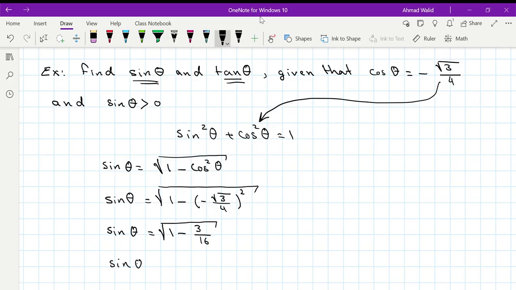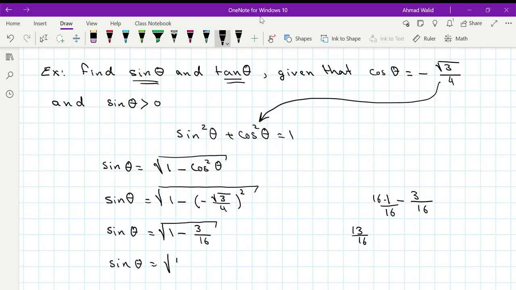Sine theta equals the square root of... again, the other day I explained to you how you add or subtract two numbers. You need a common denominator of 16. Let me go first your way. You have to multiply this one as 16 over 16. 16 minus 3 gives you 13 over what? 16.